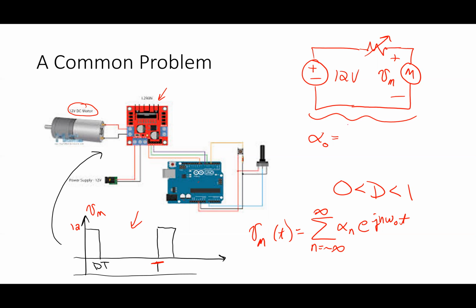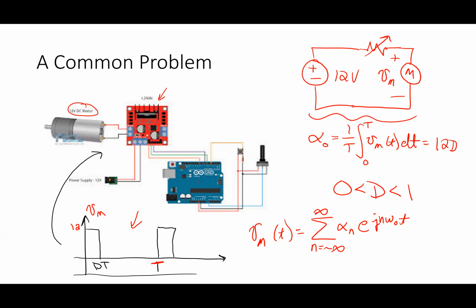So if I do 1 over T, integral from 0 to T of V motor of t dt, and go through the math, I find that if the peak value is 12 volts, this is 12 times D. So if my duty ratio is 1, I'm applying 12 volts at DC. If D is 0, I'm applying 0 volts. If D is 0.5, I'm applying 6 volts.